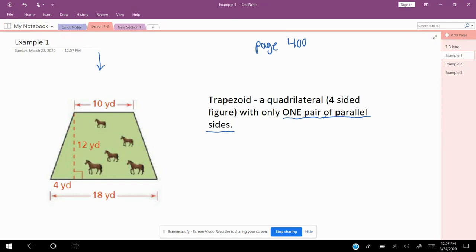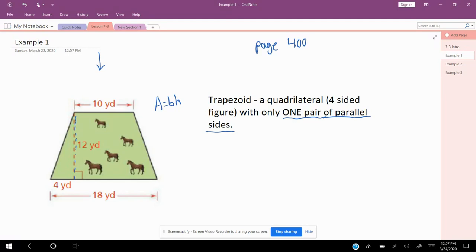but I guess horses like trapezoids. So if I look at this, again, I cannot use area equals base times height because even though I see the height is 12, I have two different bases. I have 18 yards and 10 yards for my bases, and that would lead to two different answers. So here's what I have to do instead. I need to break this up into shapes I can work with.